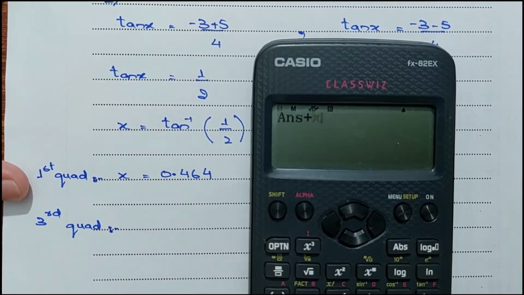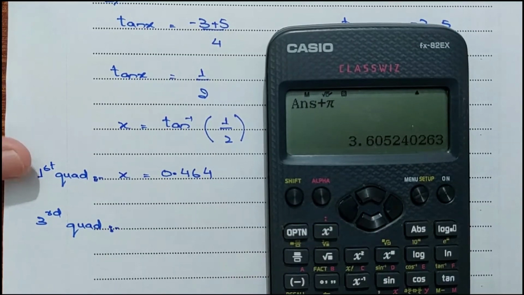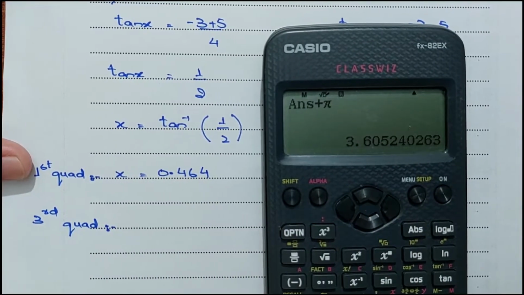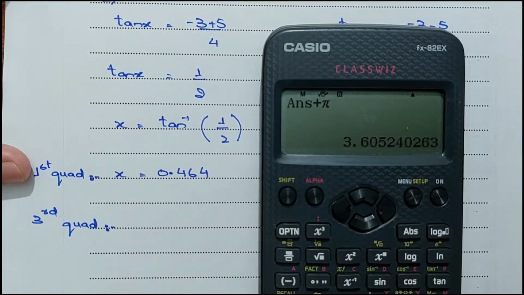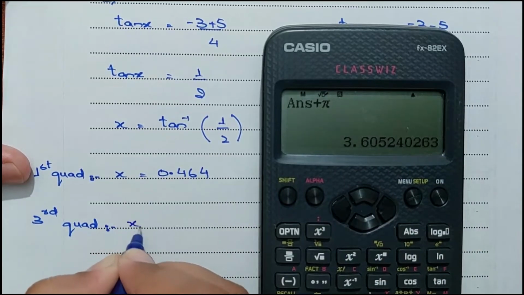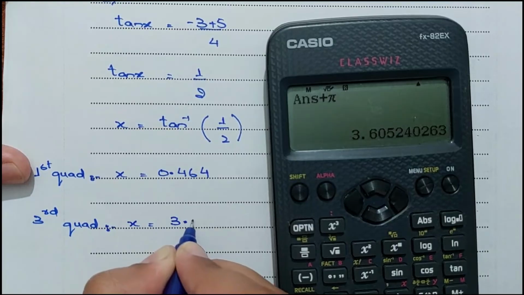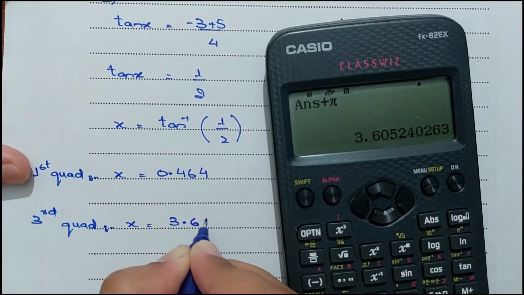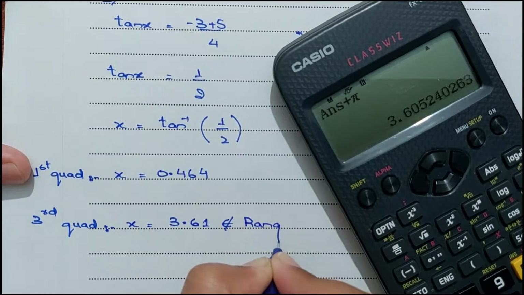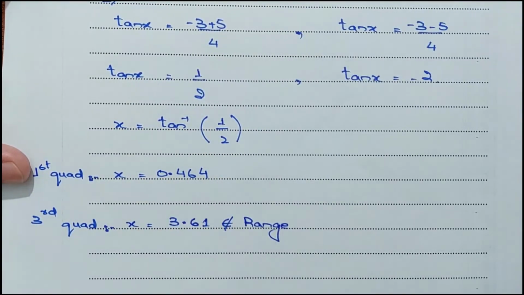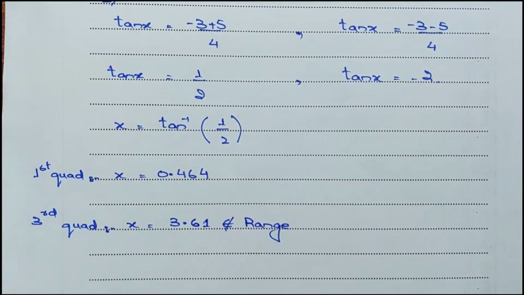This value is more than our domain, which is between 0 to pi. The answers of x should lie between 0 to pi. So when we add something to pi, it means it is more. So here we have x is 3.61, which does not belong to the given range. So the first value belongs to the range. Now this is the second solution.